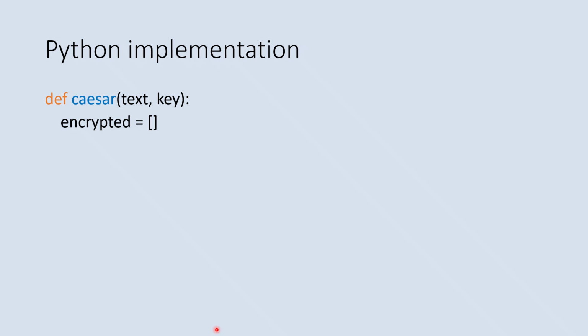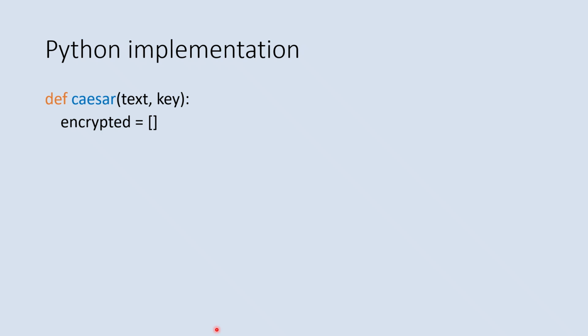Okay, so we're going to do this in kind of pieces. We're going to build a list of numbers, and then we're going to turn that list of numbers into the ciphertext, into a string. So we're going to start off, and I've just called this list encrypted.